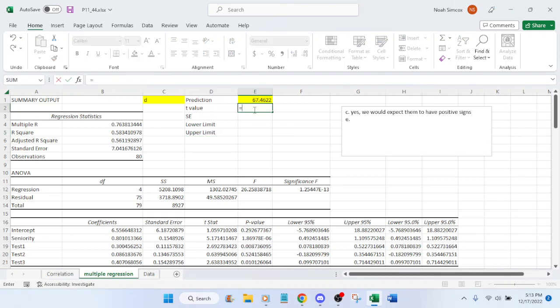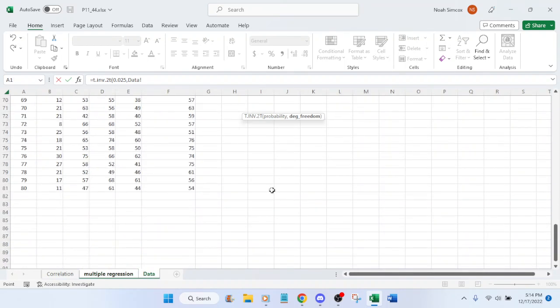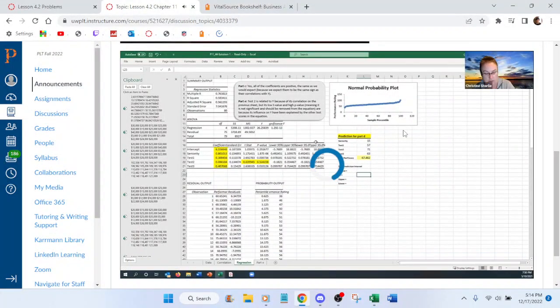T-inv equals T.INV.2T, parenthesis 0.025, comma. How many? Do we just do 2 less than the listed? 2 less than 80, so 78? Is that what we do?